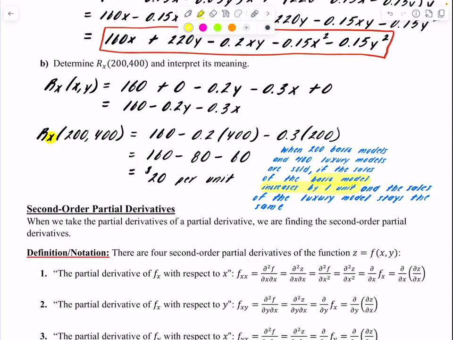And then the other one that you're not taking the partial derivative of is the one that has to stay the same. So again, because I'm taking the partial derivative with respect to x, x represents the basic model. That's always going to be the one I say increases by 1 unit. And then the other one will stay the same. And in this case, the other one is Y, which represents the luxury model. That one is staying the same.